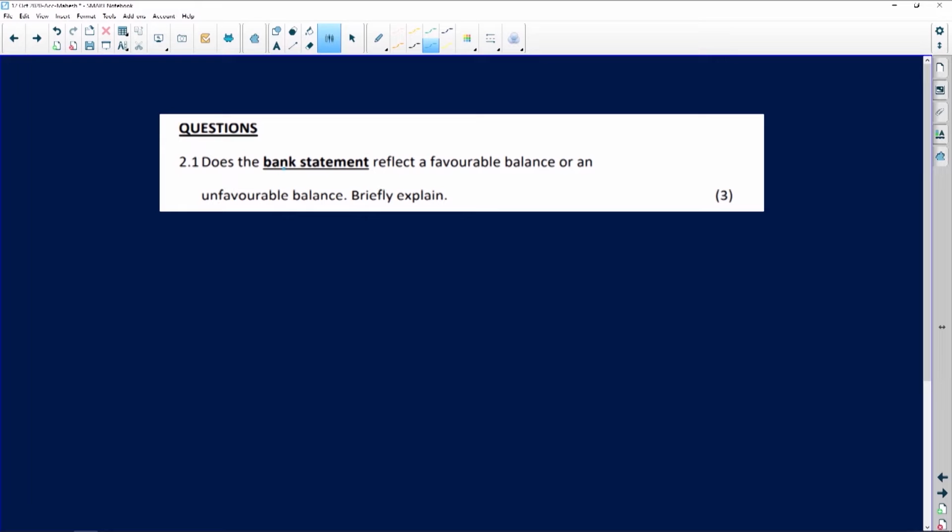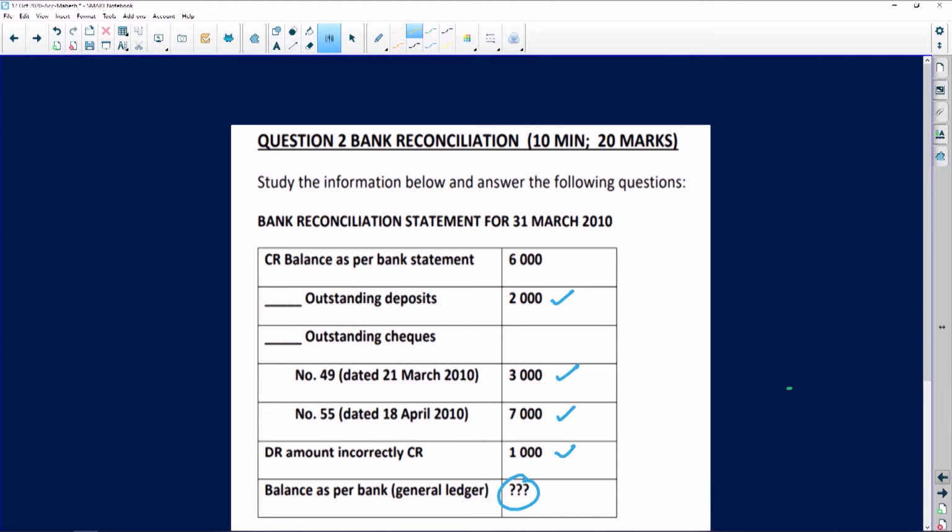Does the bank statement reflect a favorable balance or an unfavorable balance? Briefly explain for 3 marks. Let's go back to the bank statement, and as you can see, there is a credit balance as per bank statement. Now remember guys, bank statement is something external.